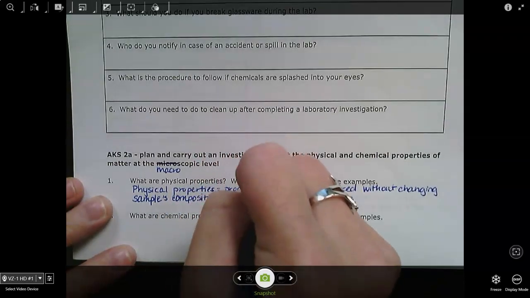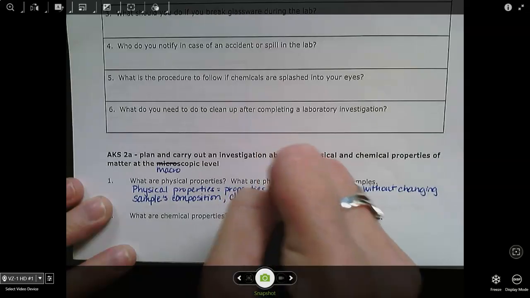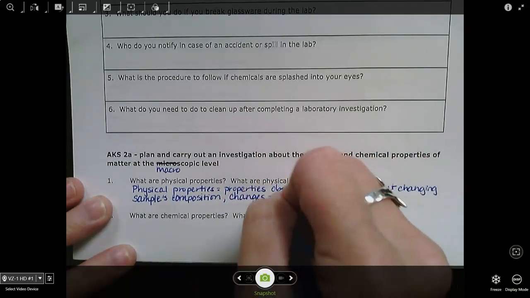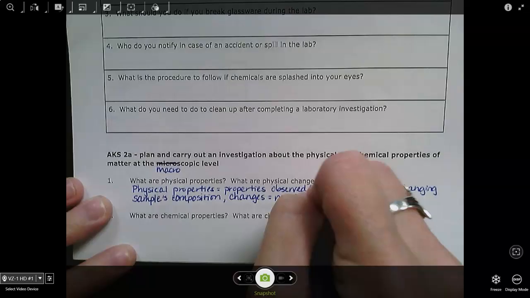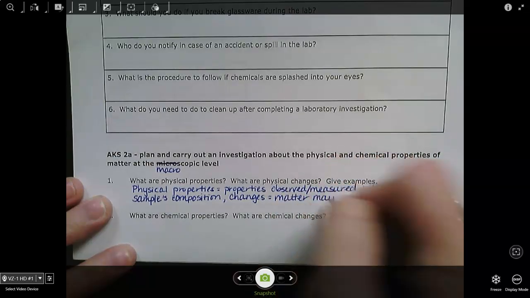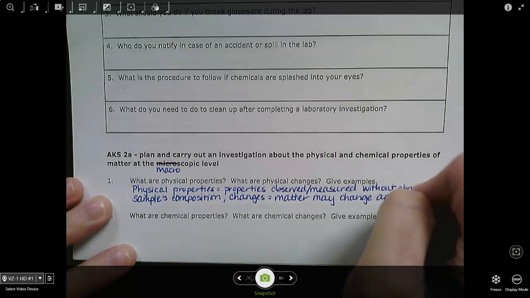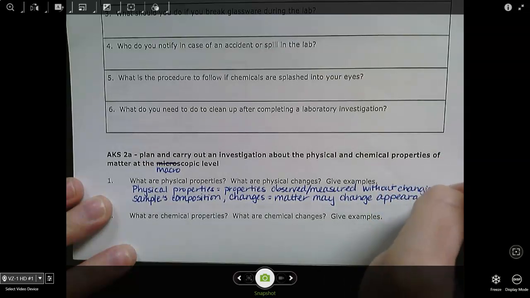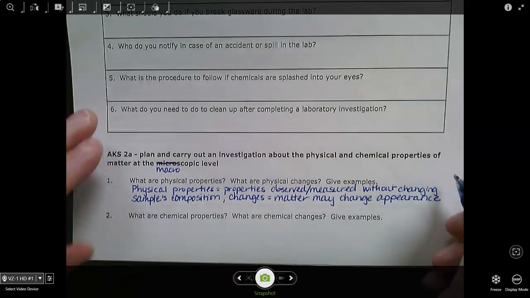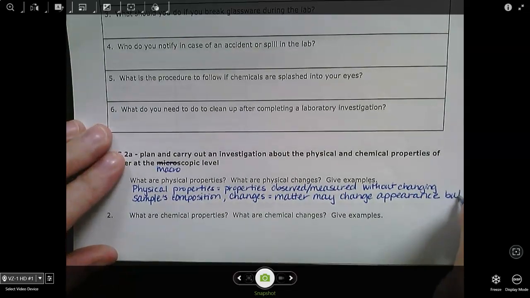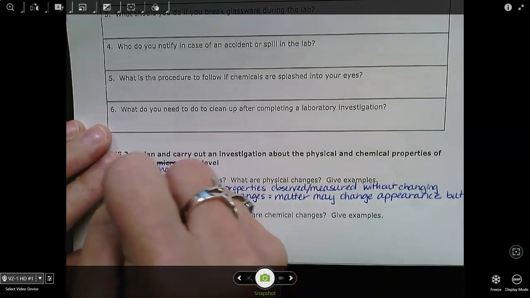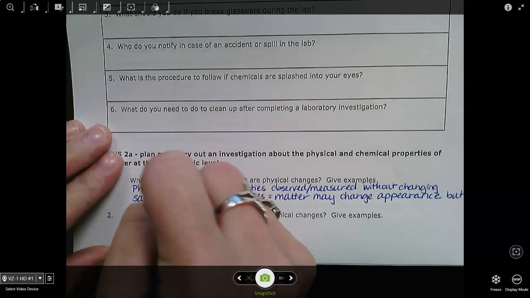Now, if you experience a physical change, then your matter can change appearance, but it is still the same thing. So its composition will not change.